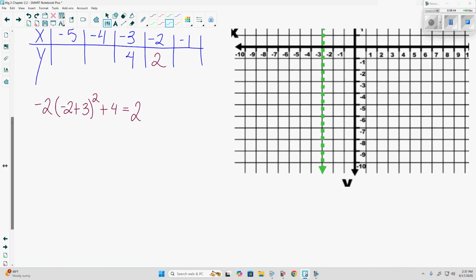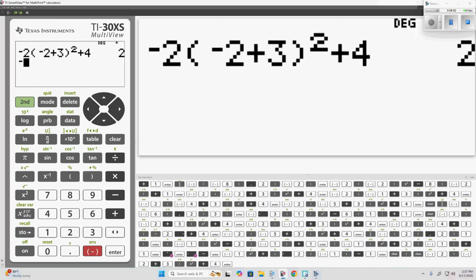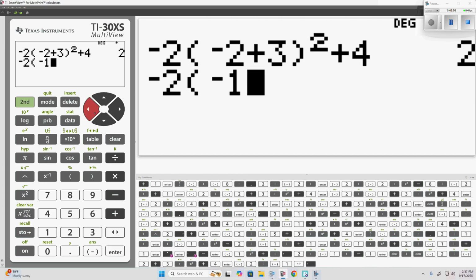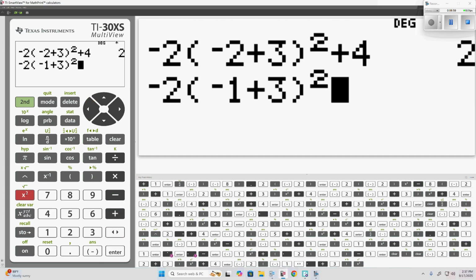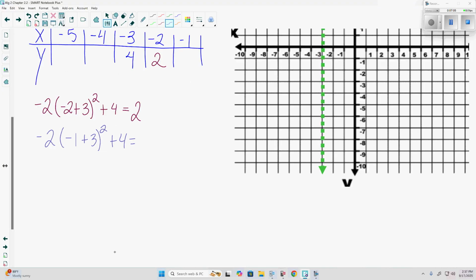Now we're going to do the same thing with -1. Plug it into the equation and say -2 times (-1 plus 3) squared plus 4. And it is -4.